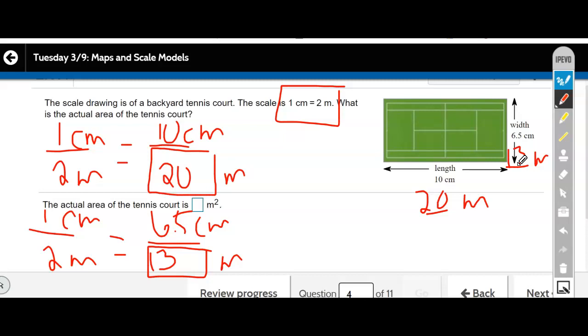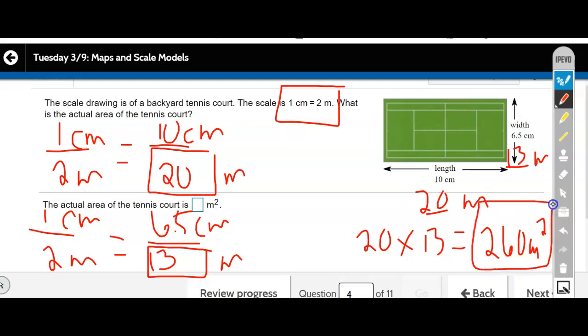Right, do the length times width. So 20 times 13. What is that? 260 square meters is the area of the tennis court. Okay?